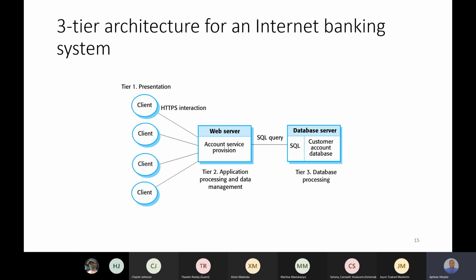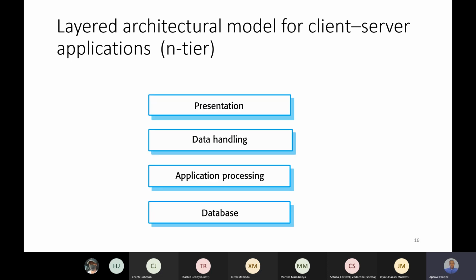So here we are able, unlike the two-tier architecture, with three-tier, there's better reuse, okay? You saw in the previous slide why I say so, because you can just reuse the script on the web server and the database, and then change or tweak the presentation layer, which is the first tier.